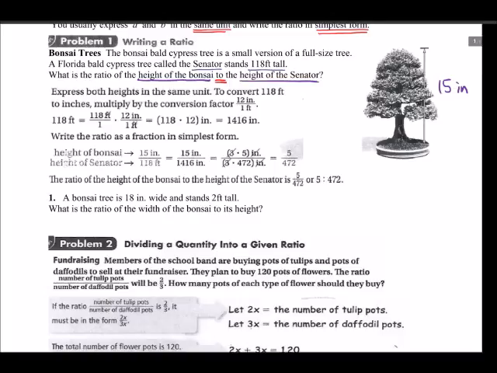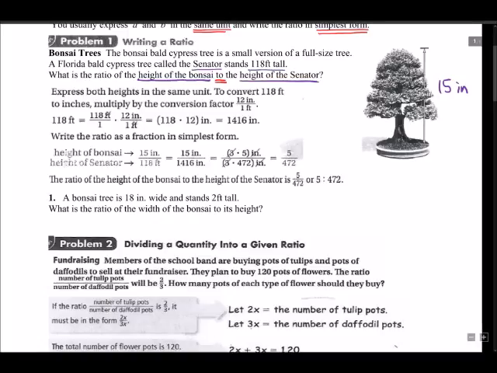Now, what's the first problem you see here? The first problem I see is that we have feet and inches. So we would like to get them both in the same unit. Generally, it is easiest to change to the smallest unit. So we would change everything to inches. It doesn't matter. If you want it in feet, you can change them both to feet.